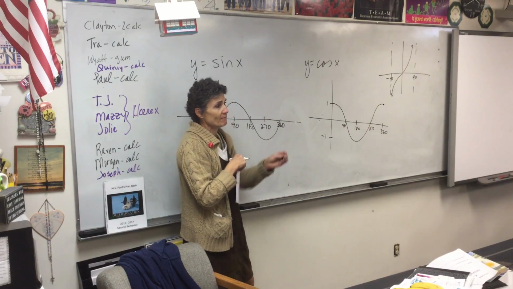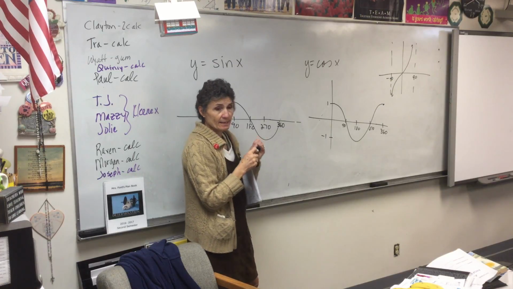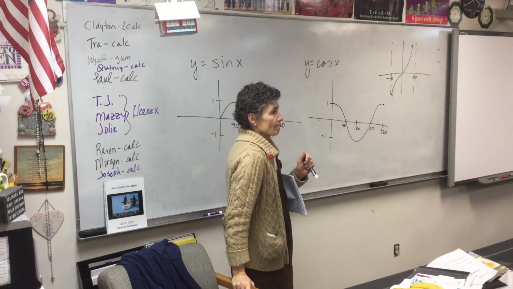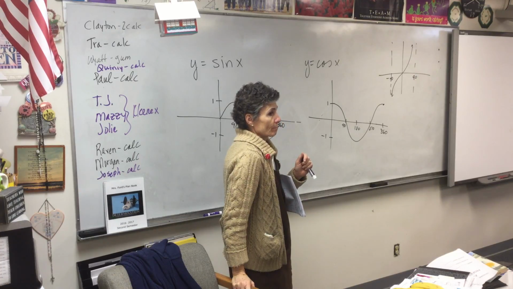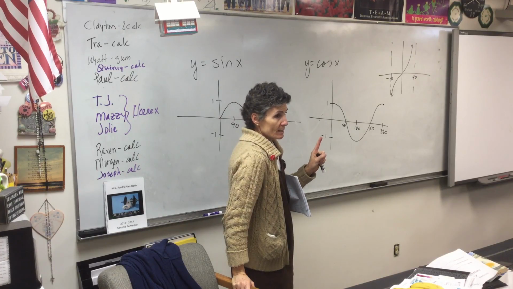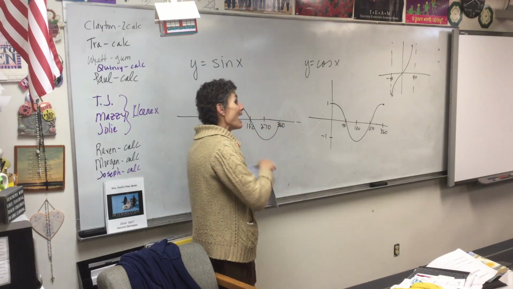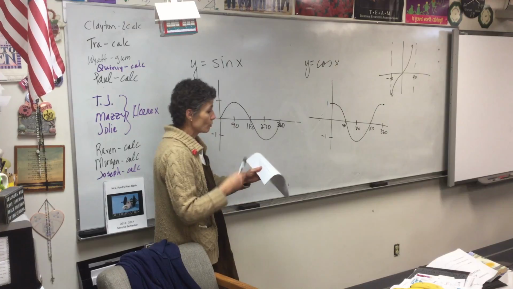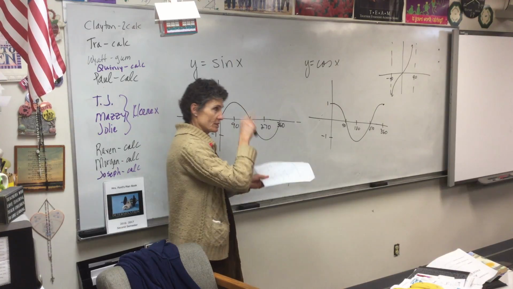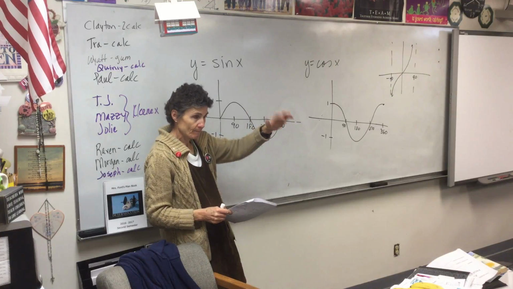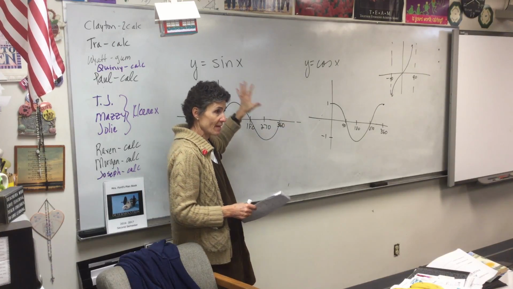If you remember your BFFs at all, it looks like your cubic function. Everybody good? That's the starting point. Now, so those first three, put stars by. Those are the foundation. Everything builds off of that.